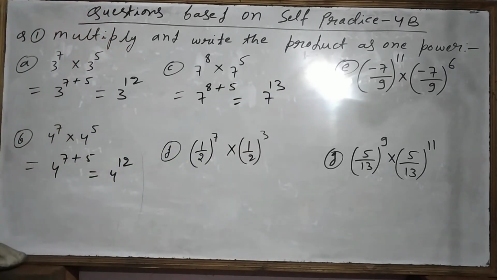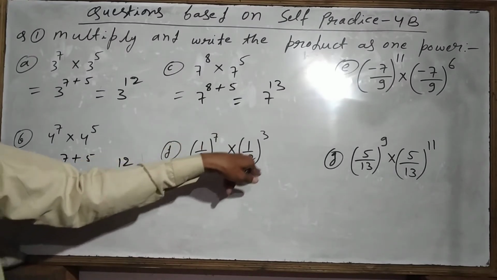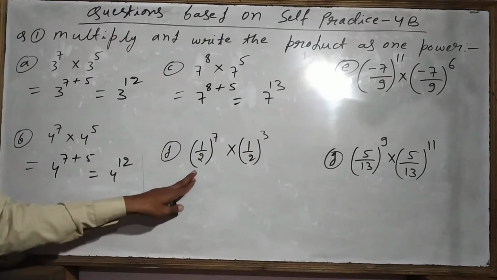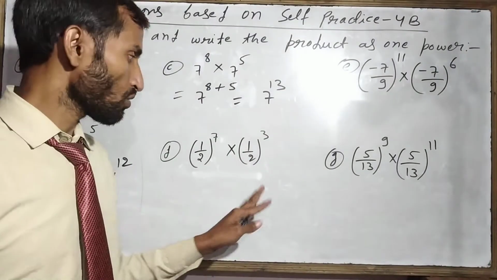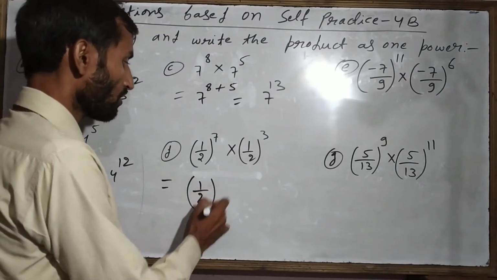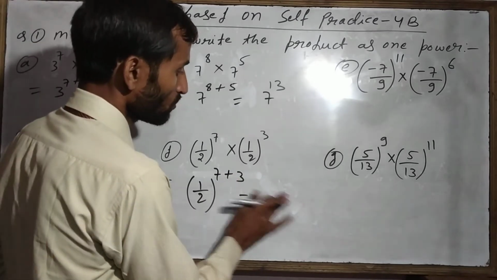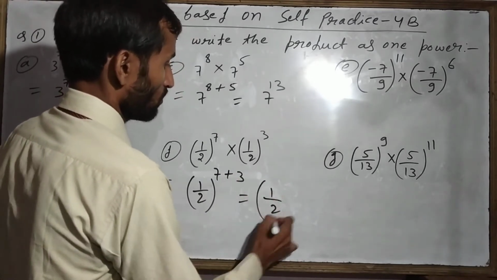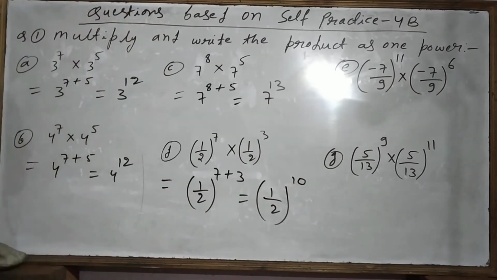Okay, next one, 1 upon 2 whole power 7, 1 upon 2 whole power 3 is there. Here the base is a fraction but both are the same base, so we will again do the same process. 1 upon 2 whole power 7 plus 3, 7 plus 3 means 10, so it will come 1 upon 2 whole power 10.